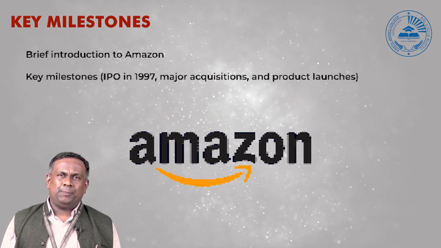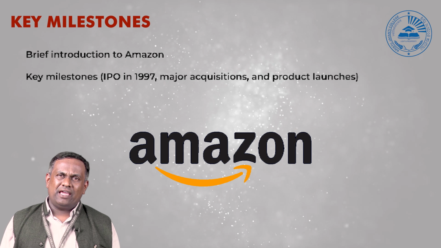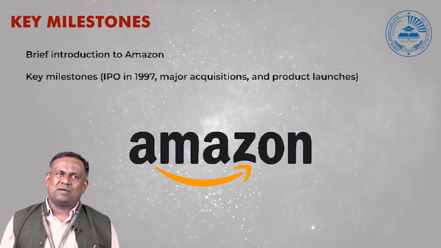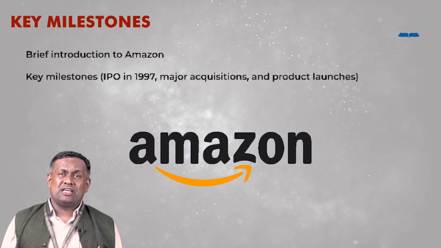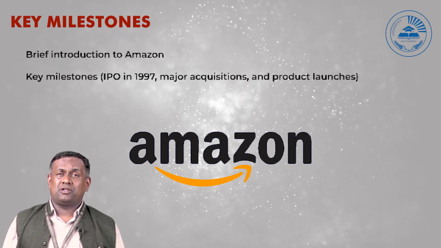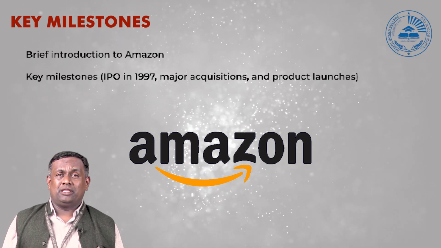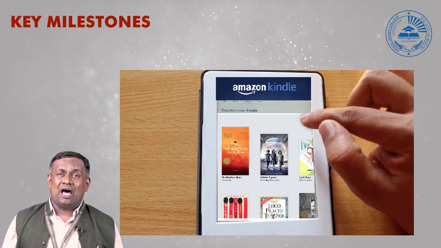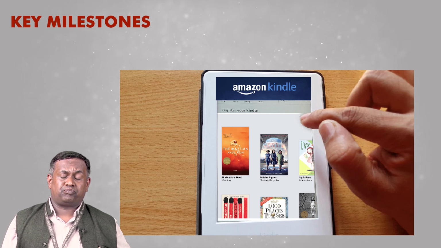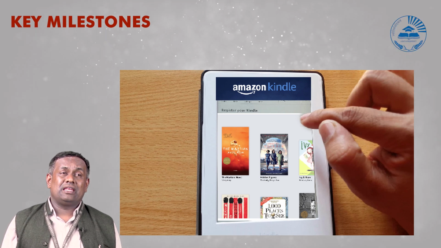One is the IPO, the initial public offer by Amazon, in 1997. The major acquisitions include Diapers.com and companies in the retail segment, books, and Amazon services, including Amazon Web Services. Then the product launches.